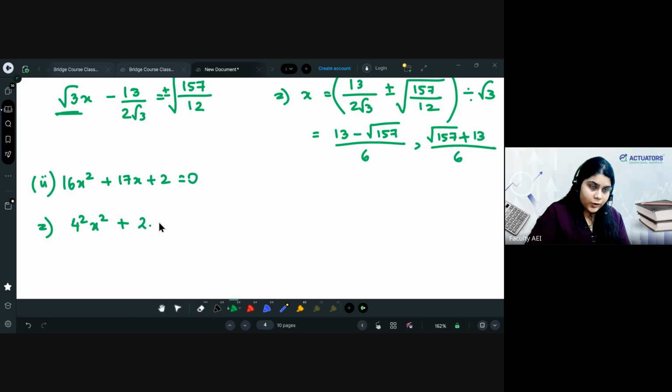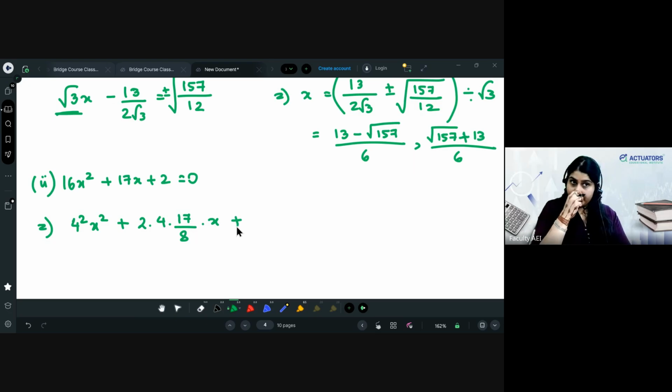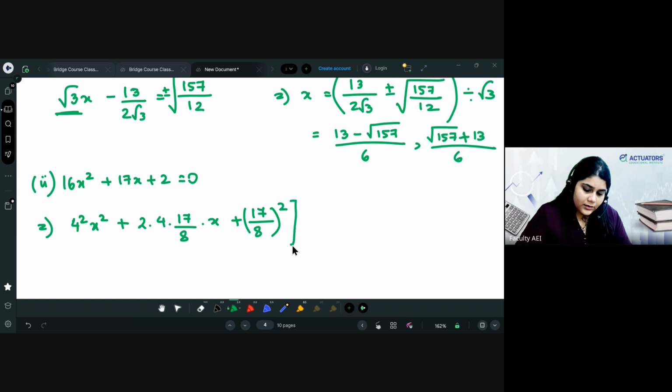Plus 2 into p into what? 17/8. What is q square? 17/8 square. ये हम लोग का हो गया square complete. We added a 17/8 square, so we'll subtract a 17/8 square. Plus 2 already lying there with us.